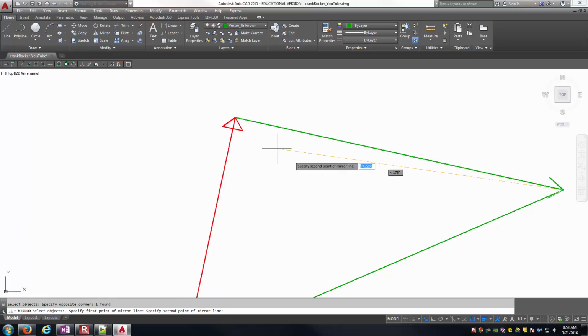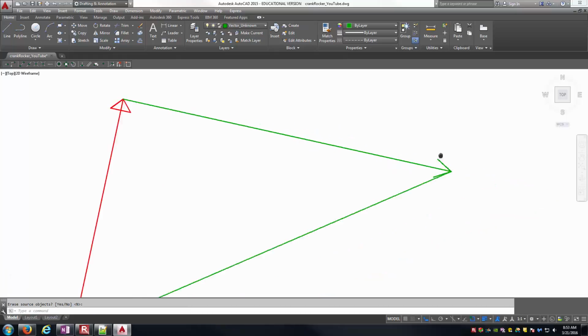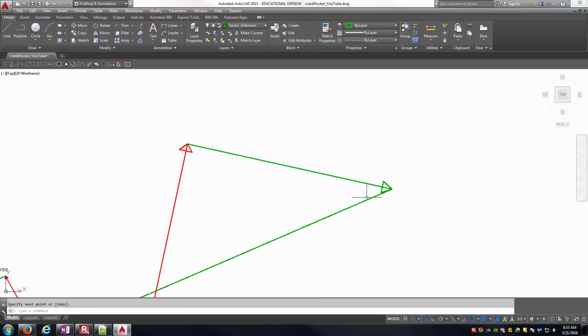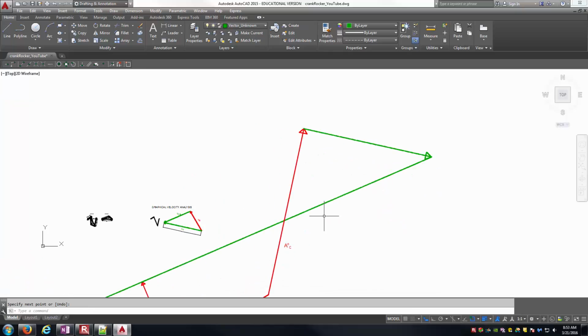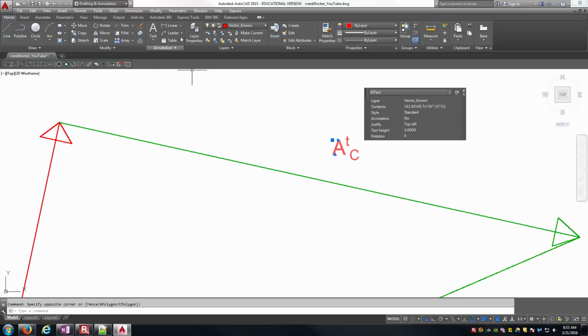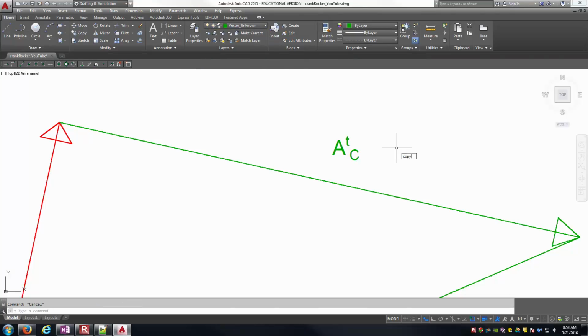This was the direction of the tangential at C. So it goes down and to the right, 4th quadrant. There's that. There's the tangential at C. Label for us. Change the vector unknown layer here.